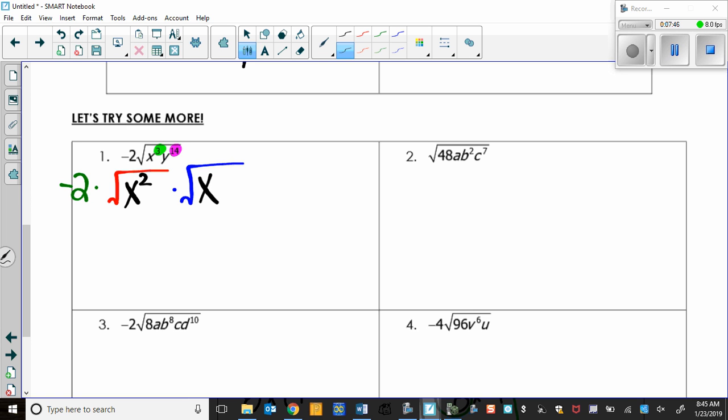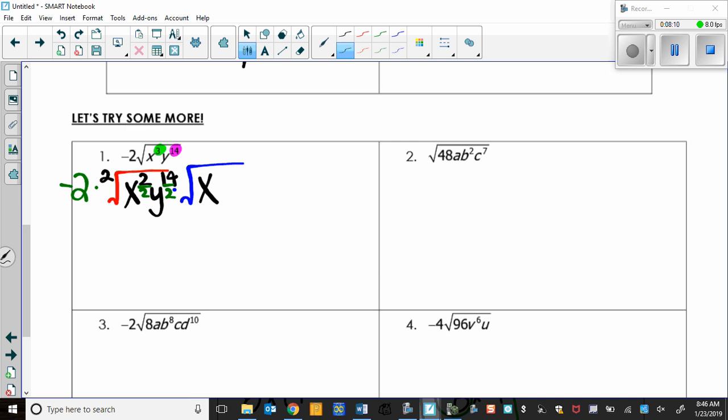Now, y to the 14th is very easy because we can just place that all in the left-hand side since that's an even number. What I'm going to do now is divide everything by 2 because there is a radical, and the symbol outside of the radical, or the index, is 2. So everything is going to be divided by 2 in order to simplify the left-hand side.